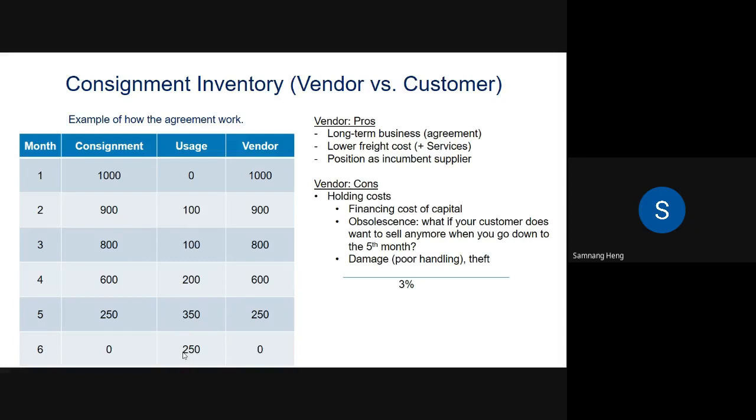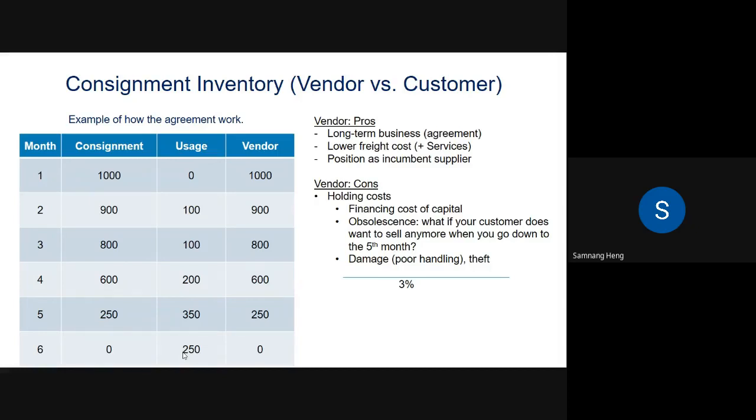But with the consignment inventory, yeah, I agree that we could infiltrate the market quickly, but we don't get payment right away until our customer is able to sell our product. So it's kind of a problem sometimes when, let's say, you put your oil into one depot, and then that depot doesn't want to sell our product.